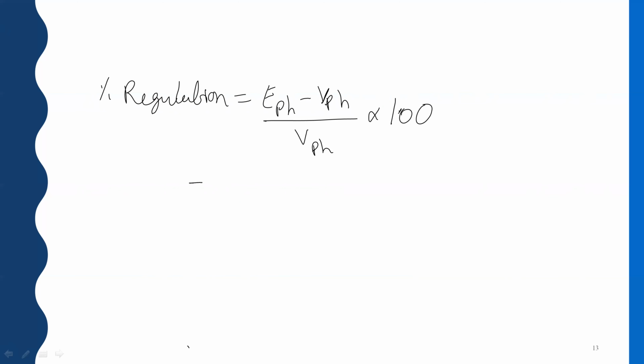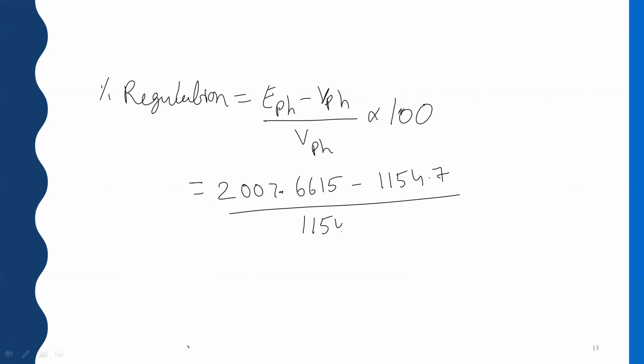So what is your EPH? You have calculated 2007.6615, I got from the previous slide, minus my VPH, which is 1154.7, by 1154.7 into 100. This is my percentage regulation.